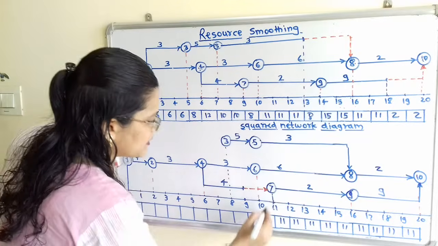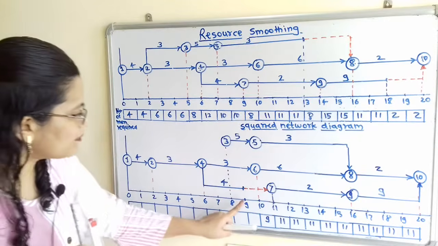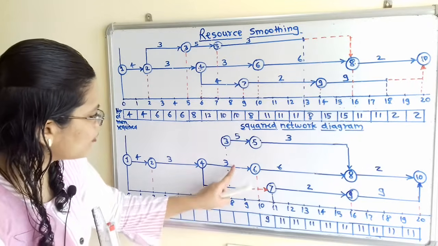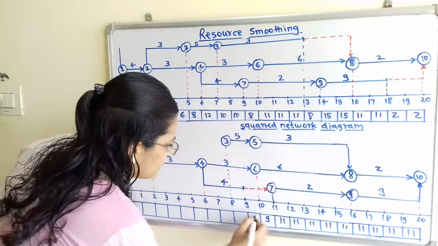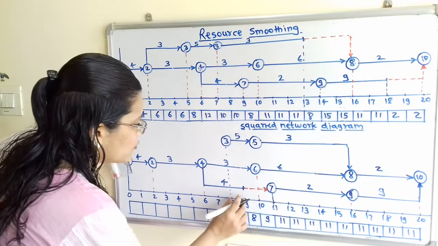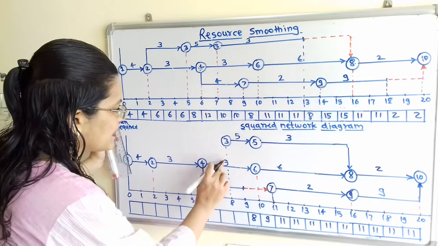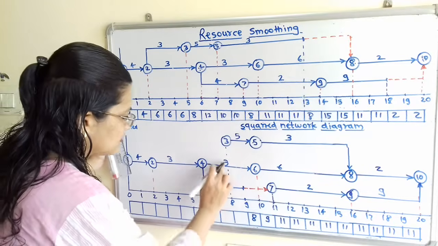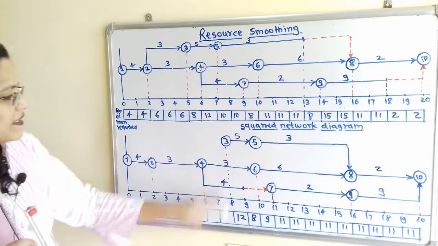So 6 plus 3, that is 9. Now in between 9 to 10, only 2 activities, so 5 plus 3, that is 8. And in between 8 to 9, 3 activities, so 4 plus 3 plus 5, that is 12. So we can write in this way.